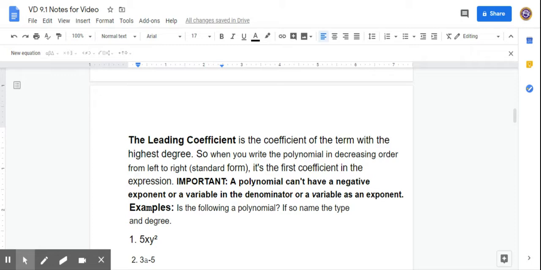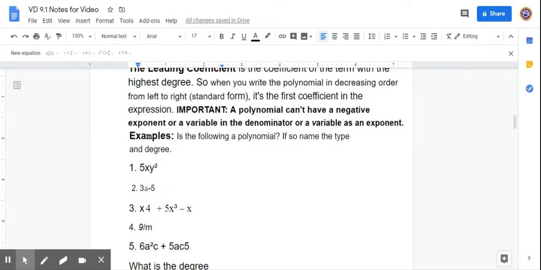So the following examples, we have 5xy squared. Is it a polynomial? Yes. There are no negative exponents, there's no variables in the denominator, and there's no variables as an exponent. So yes, it is a polynomial.